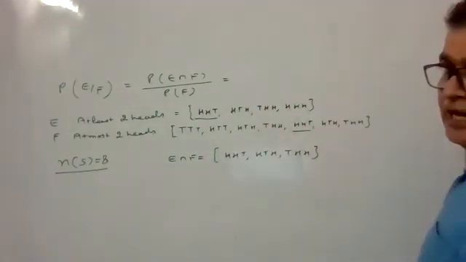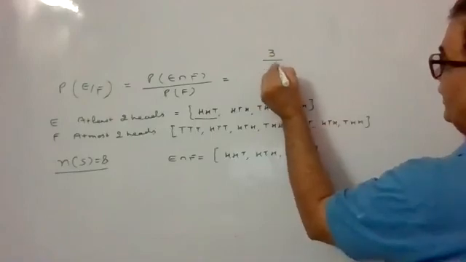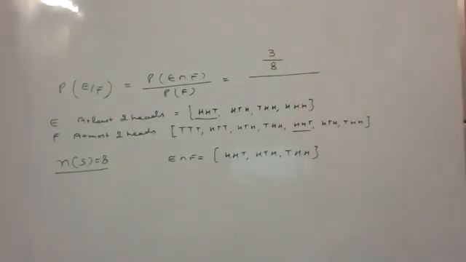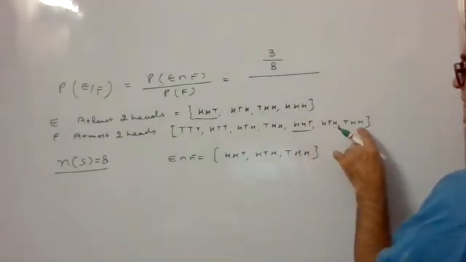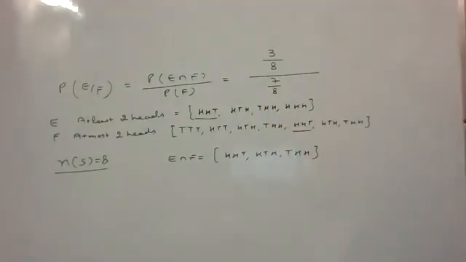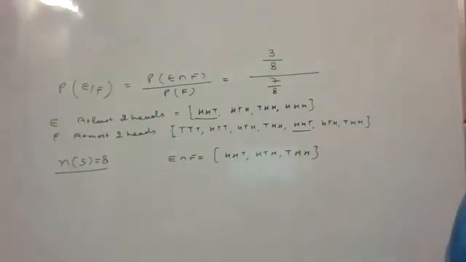P(E intersection F) is how much? 3 cases out of 8. By P(F), how much is P(F) coming? 1 2 3 4 5 6 7. It is coming 7 by 8. How were you saying 1? What was the answer you told? Sir, I made a small mistake. Okay, fine. 3 by 7 is the answer.